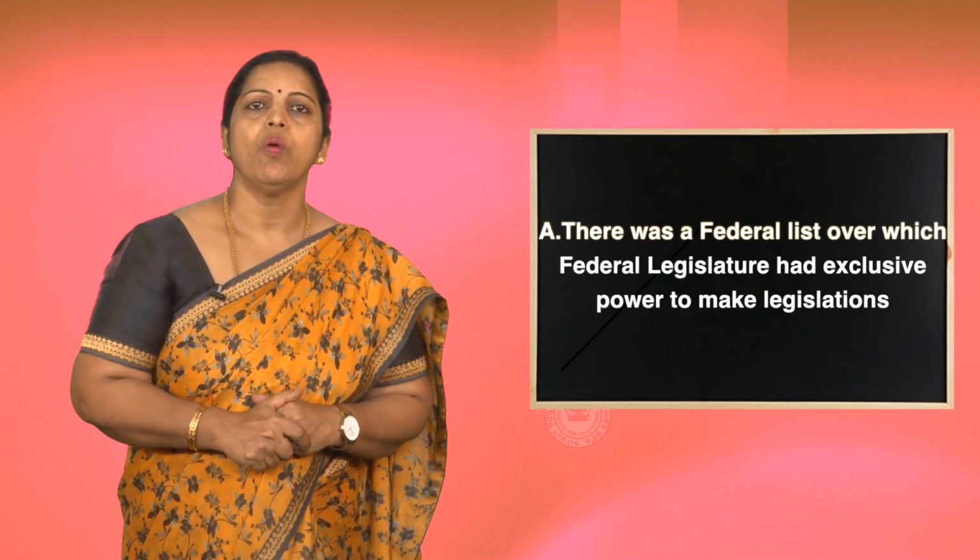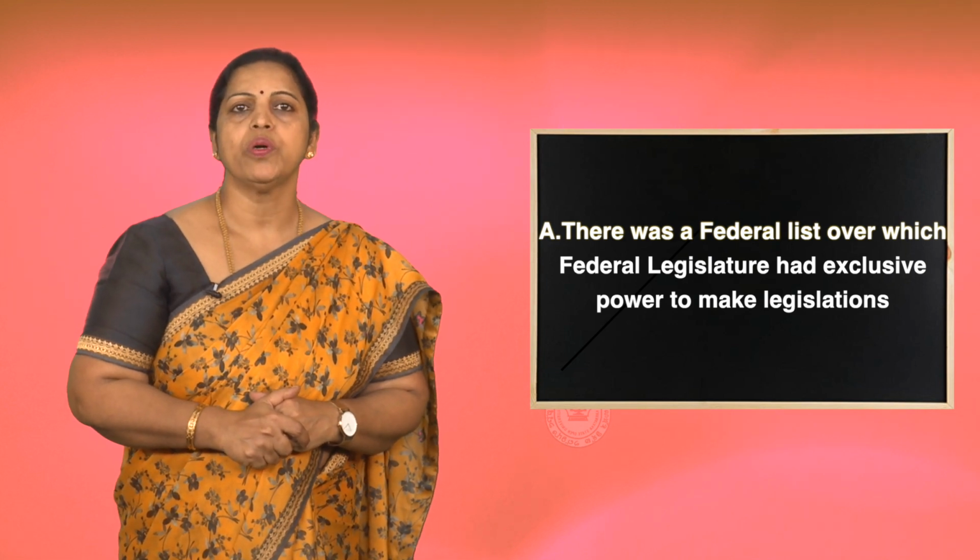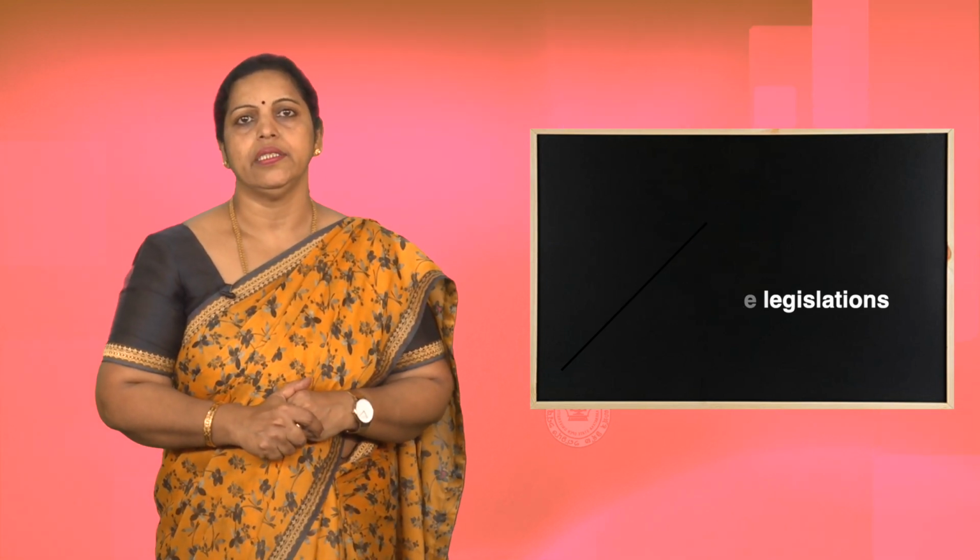Provincial autonomy means distribution of legislative powers between the center and the provinces. A threefold division was made. There was a federal list over which the federal legislature had exclusive power to make legislation.